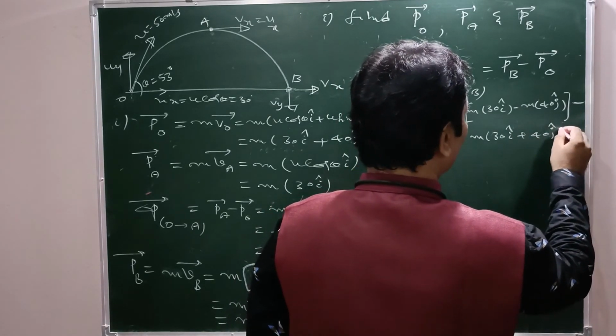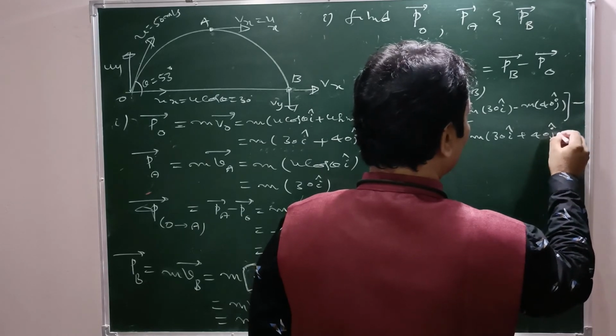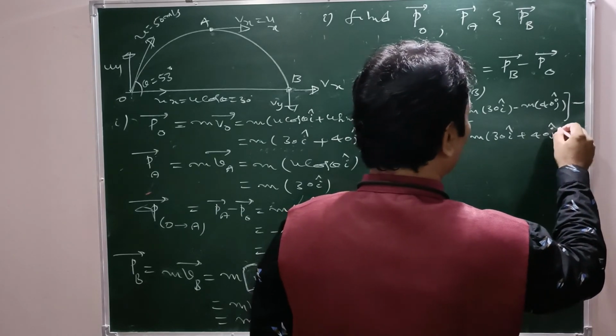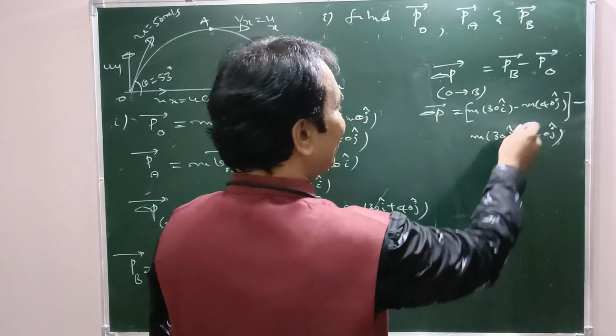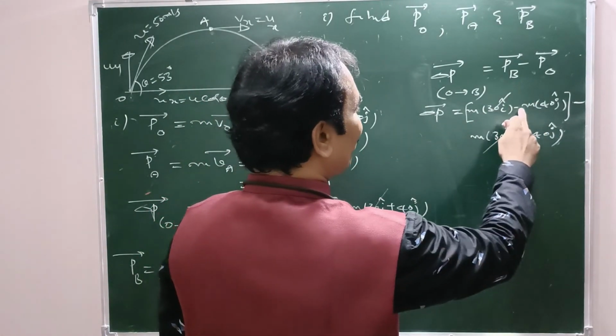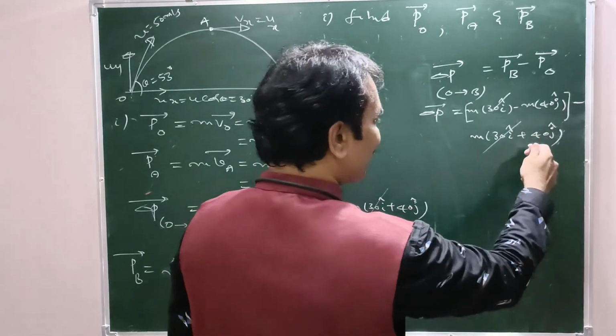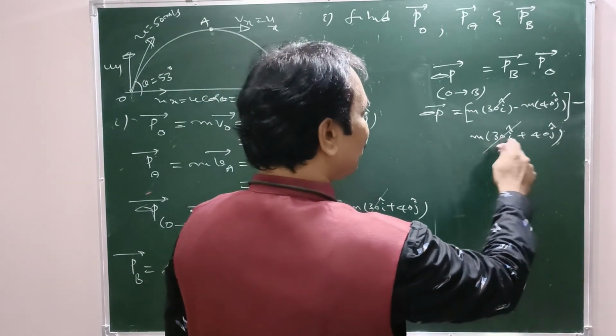Now M into 30I minus M into 30I cancels. We are left with minus M into 40J minus M into 40J.